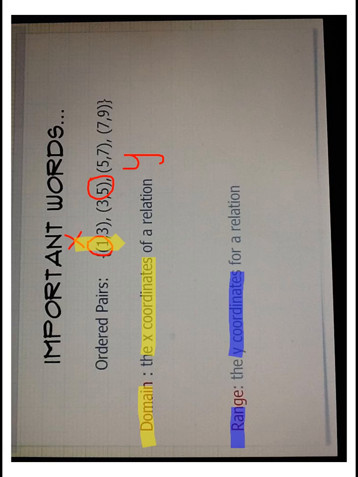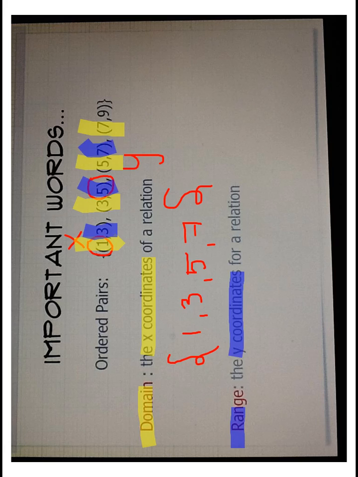So I have 1, 3, 5, and 7. Those are all my X values, which makes that my domain. So I'm going to go ahead and write that out. We have 1, 3, 5, and 7. That is my domain. Then we go back through. We need to highlight all our Y values, or our Y coordinates.